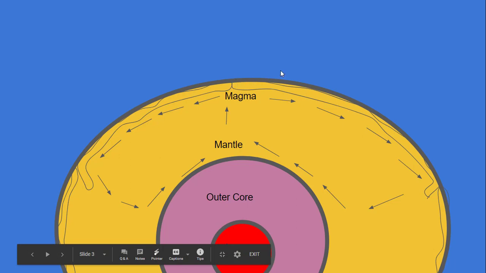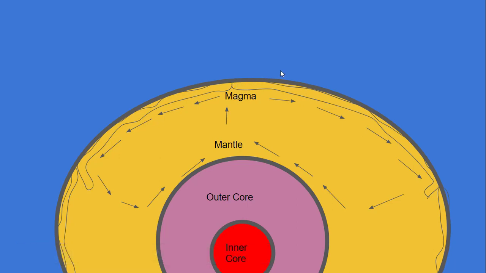The crust of the earth is divided into several pieces, which we call plates. These plates float on liquid molten rock, which is called magma.